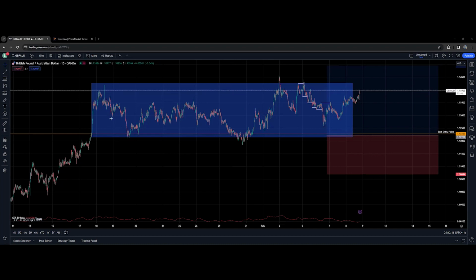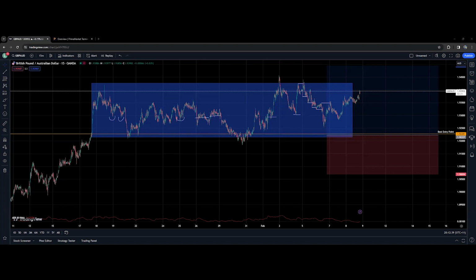So we did have one here, we did have one here, and then it held for quite a long time here, here as well, here as well. So this area feels like a good area.